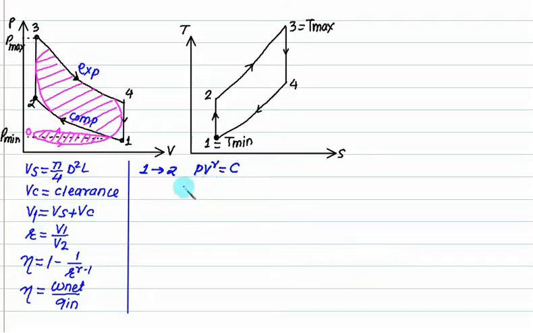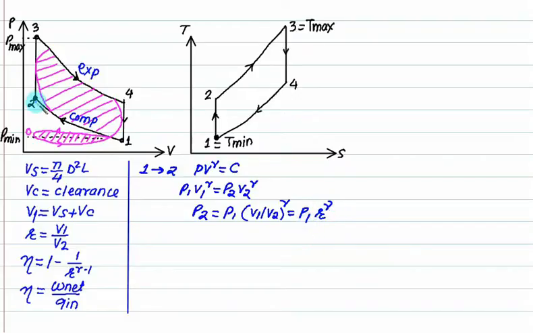So using this law, P1 V1 to the power gamma equals P2 V2 to the power gamma. So we can very quickly calculate P2 as P1 into V1 by V2 to the power gamma. But V1 by V2 is called the compression ratio, so this is P1 into R to the power gamma.